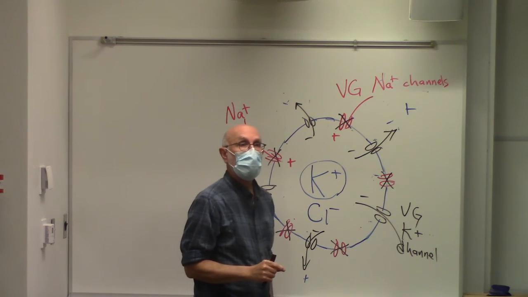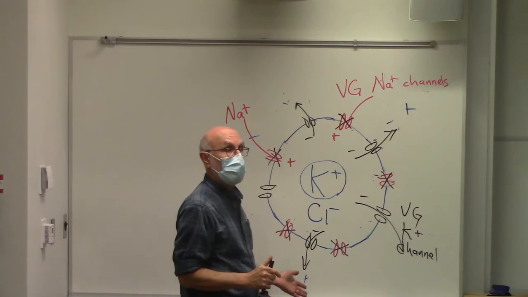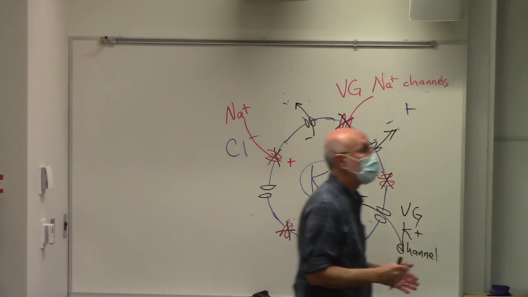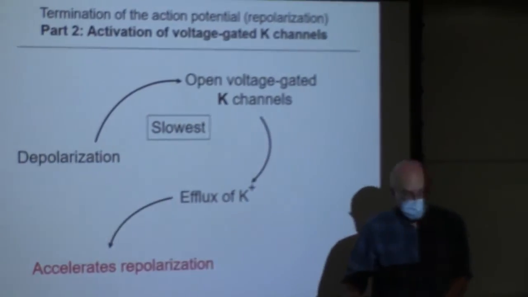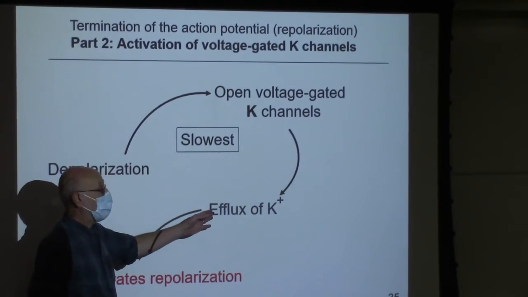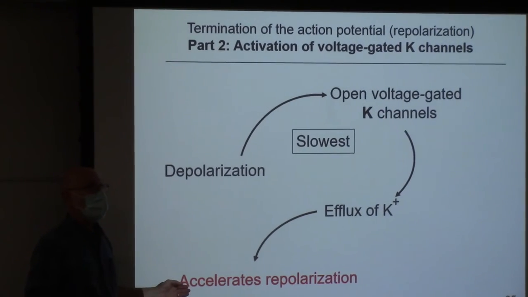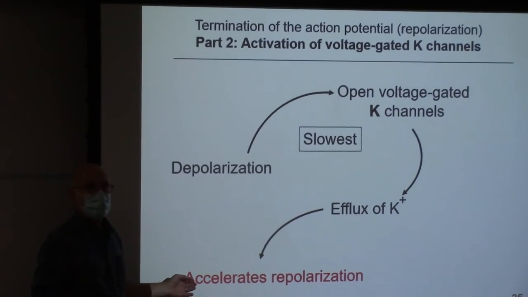What did we just do? We just went from depolarized back to negative, or repolarized. So the depolarization opens voltage-gated potassium channels, potassium flows out, and makes the cell repolarize.